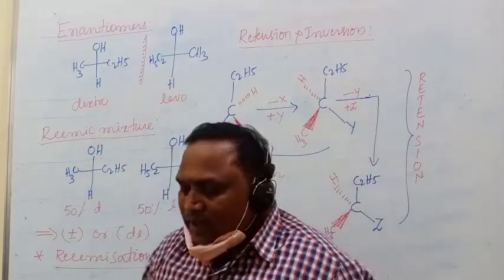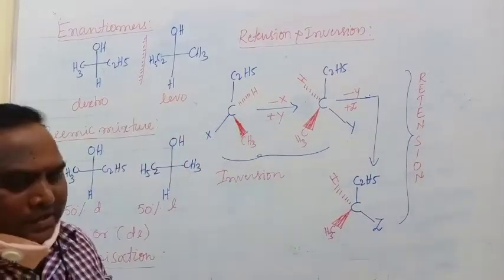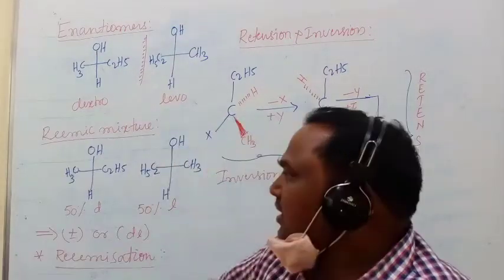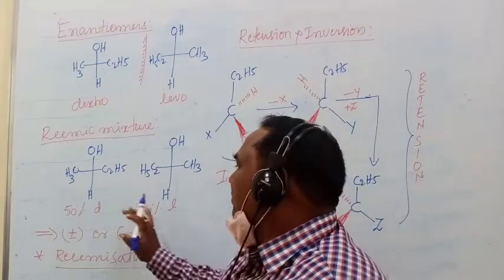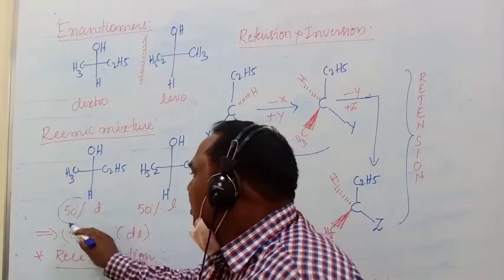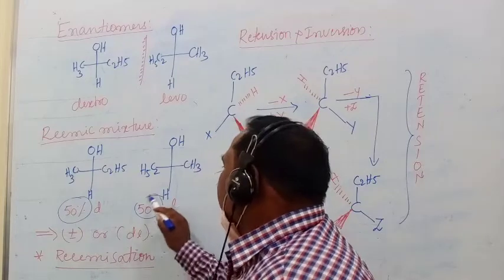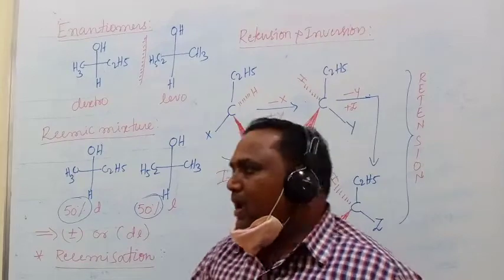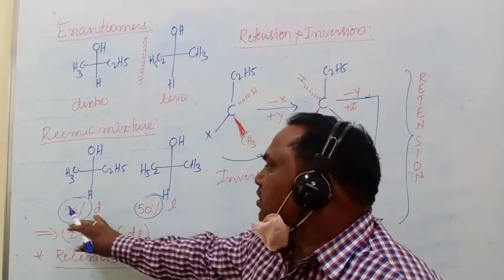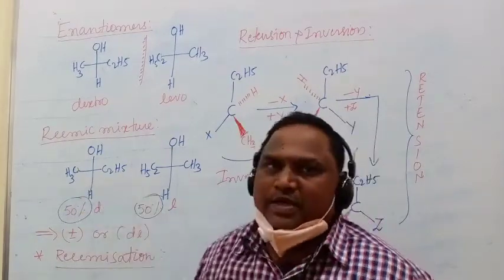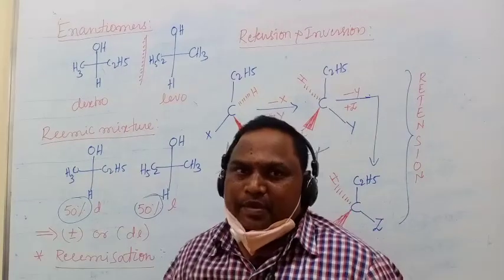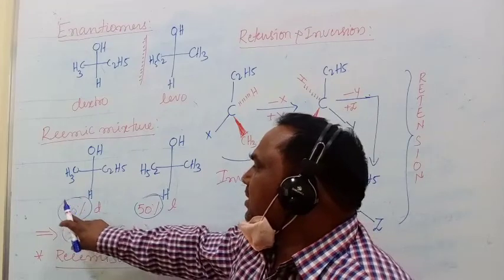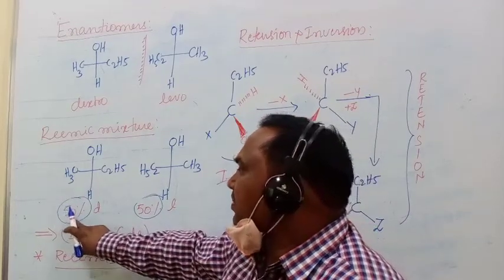Okay, next point is racemic mixture. Racemic mixture is an equimolar ratio of two enantiomers. That means each isomer must be present in equal amount, that is 50%.